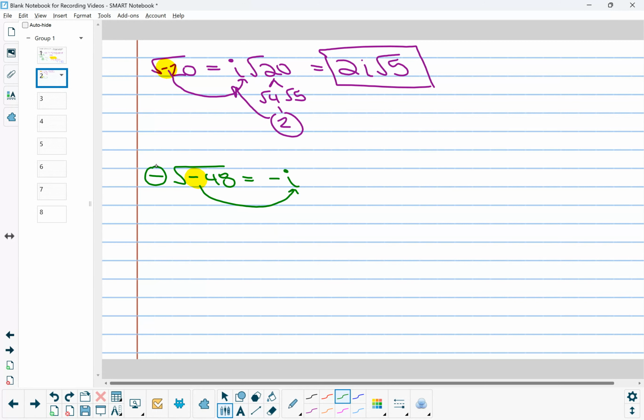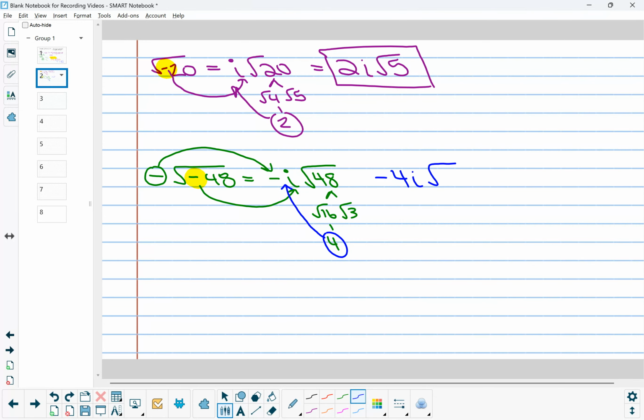This negative is still there. Radical 48. And now I'd break down the root of the 48 like I always would. And I do 16 and 3 because that's simple. The 16's a 4. The 4 is going to go between the negative and the i. So I have negative 4i radical 3. And that's how that guy would look.